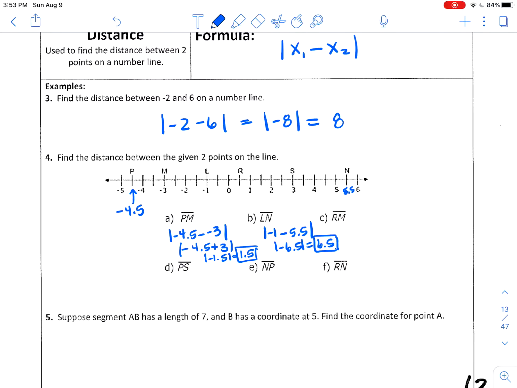In letter C, R to M, R is just 0.5. M is -3. Double negative makes that positive. So 0.5 plus 3 is 3.5.